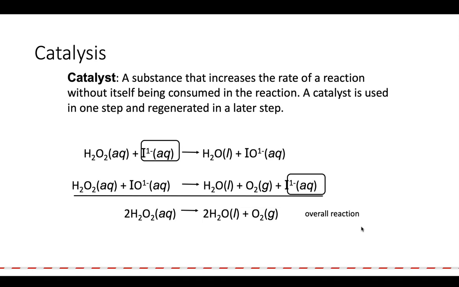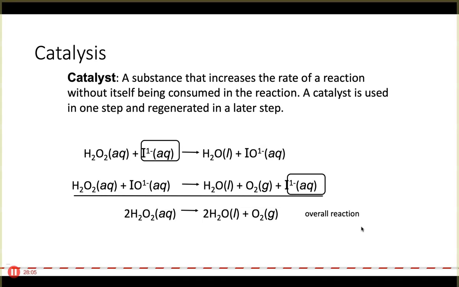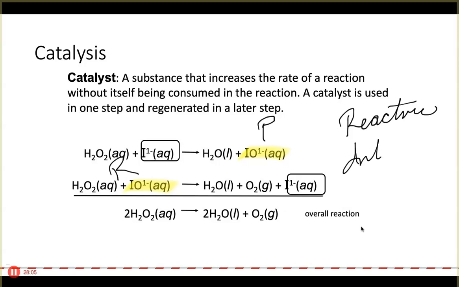There's one other term that I want to bring up. So we have our idea of a catalyst. We said I- is a catalyst because it was a reactant and then regenerated again as a product. One new term that we need to also learn is the reactive intermediate. In this case, it is generated as a product and then consumed in a later step as a reactant. So let's put that down. Reactive intermediate.